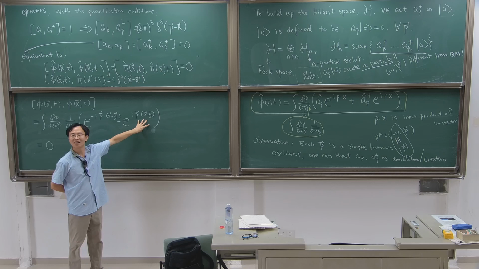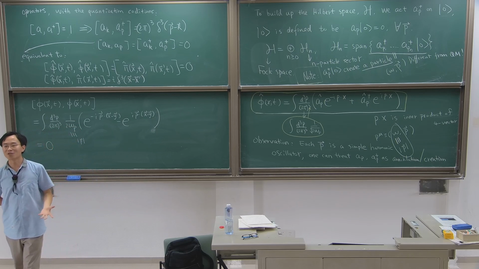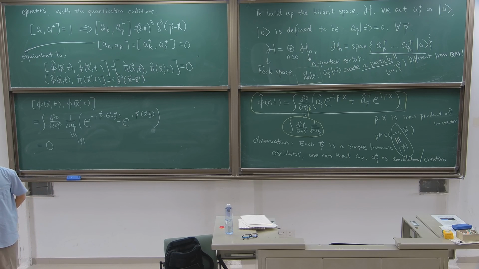Then you can choose the variable as you want. I can choose the variable, let's say p. I can also choose minus p. It doesn't matter.